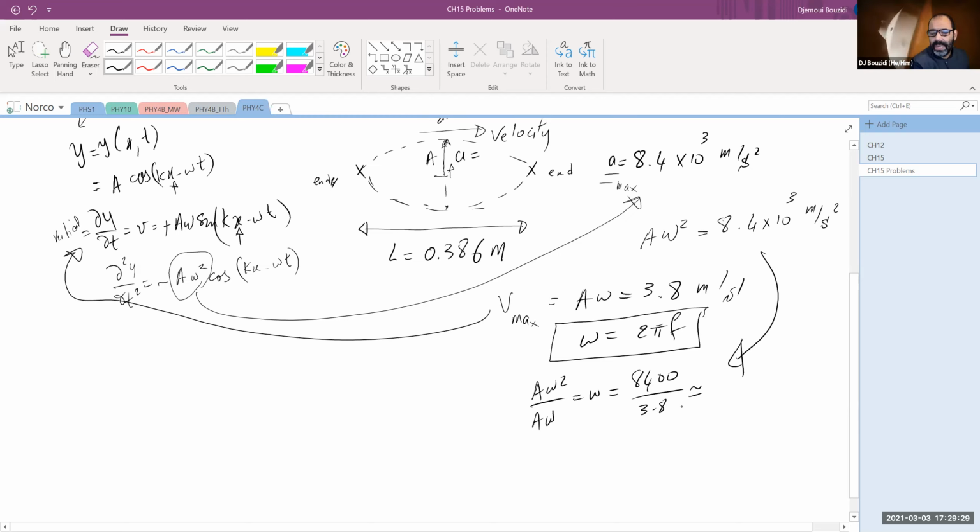If I plug it in the calculator, and you're supposed to do this part on your own, okay, 3.8, I'm going to take it roughly to be 4. 8 divided by 4, that is 2. 4 divided by 4, that is going to be 1. So it's roughly 2,100 radians per second. Okay. Obviously, this is your task today, basically finish the math, finish the calculations, okay?